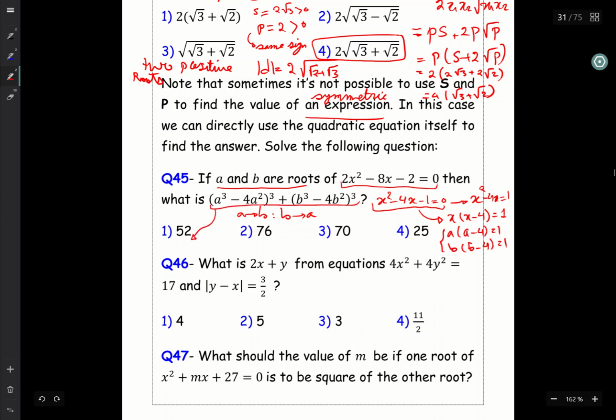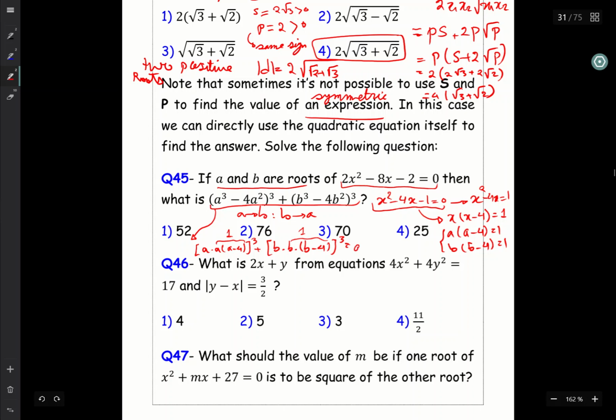If I factor out a, I end up with a times a minus 4 cubed plus b times b minus 4, right, cubed. But I know that a and b are roots, therefore a times a minus 4 should be 1, and b times b minus 4 should be 1.